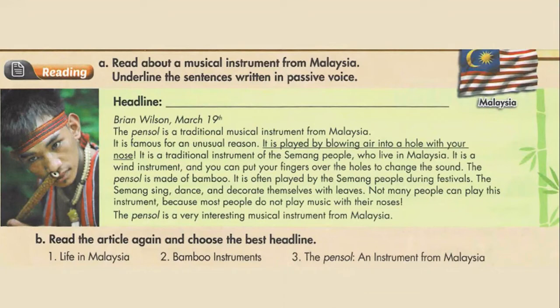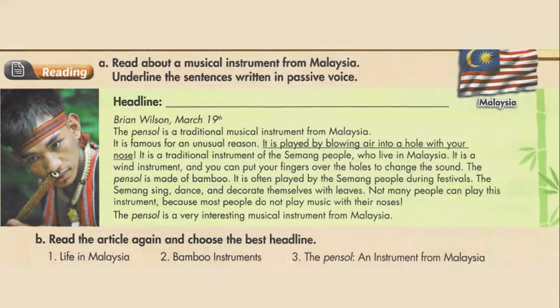The pensol is made of bamboo. It is often played by the Semang people during festivals. The Semang sing, dance, and decorate themselves with leaves. Not many people can play this instrument because most people do not play music with their noses. The pensol is a very interesting musical instrument from Malaysia.